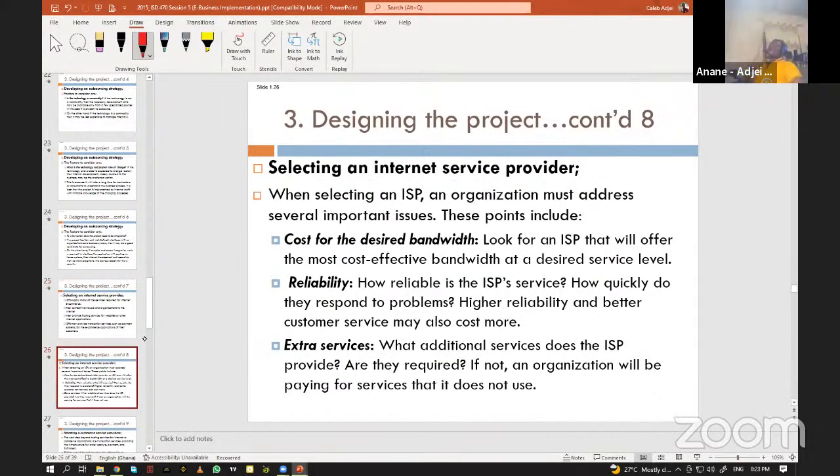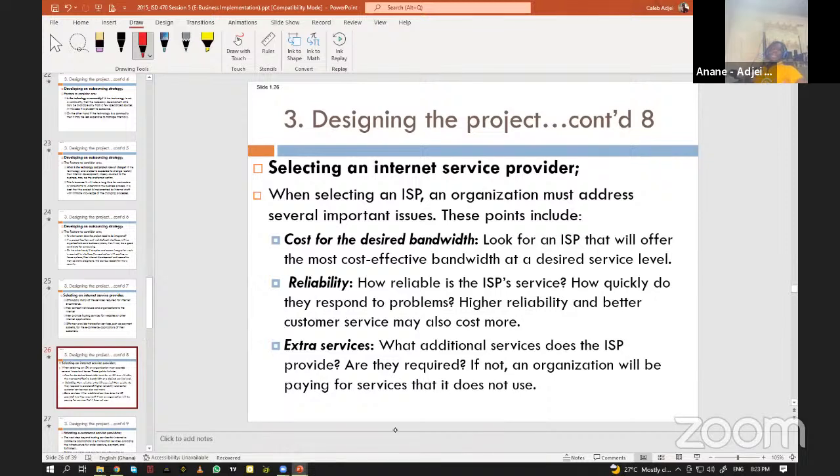Then, by selecting an internet service provider, there are certain things we should take into consideration. Who should we select to supply us internet? Number one, the cost of the desired bandwidth. How much are they ready to charge us for the internet service they are providing to us?